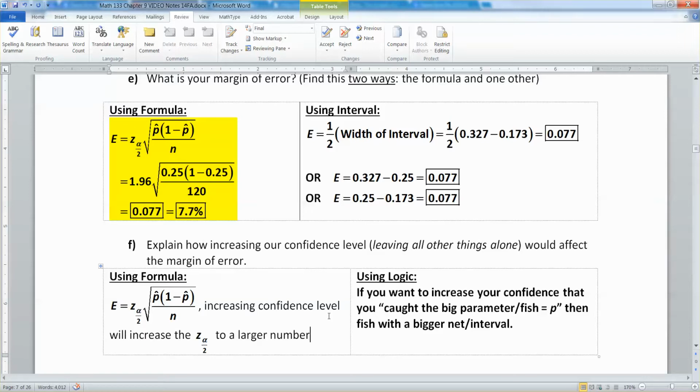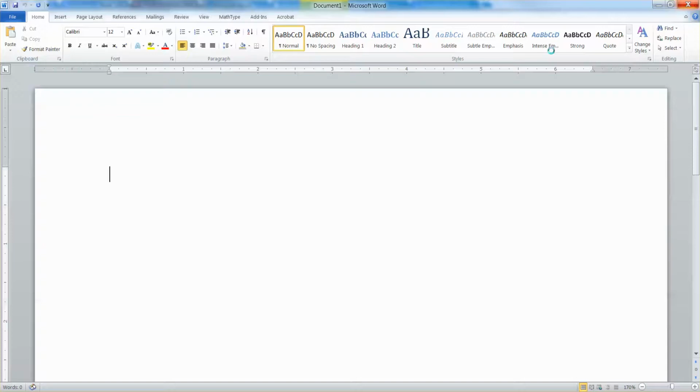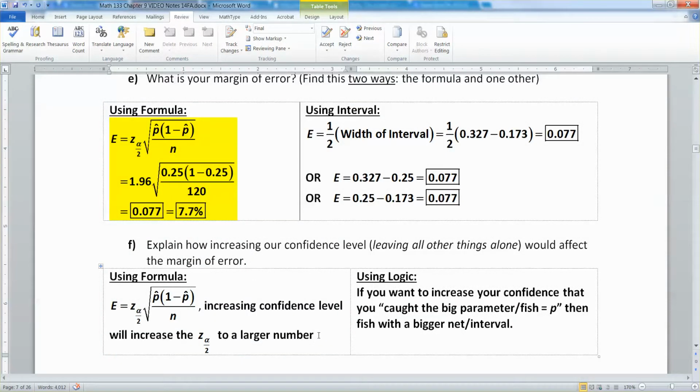And since this is in the numerator, it will cause the error overall to increase. Oop, I don't know what I did there. This will cause error to increase. It just wants to know about the error. Keep in mind that would also cause the interval to increase.